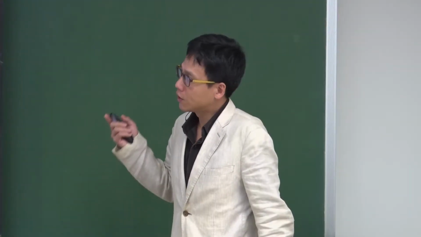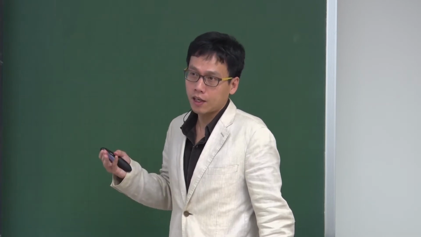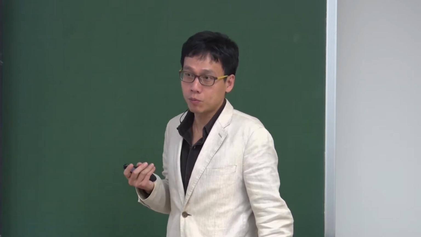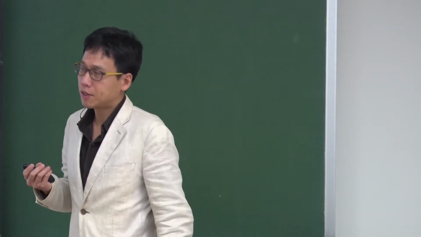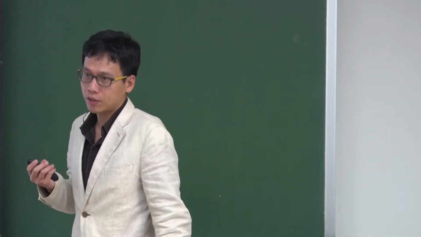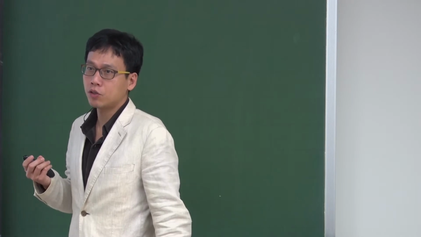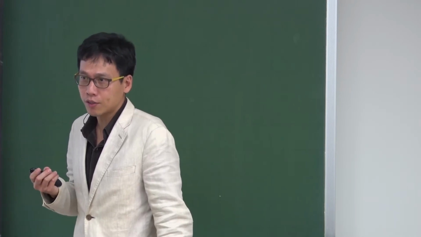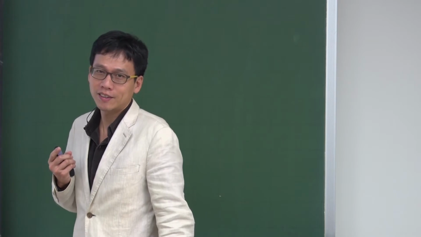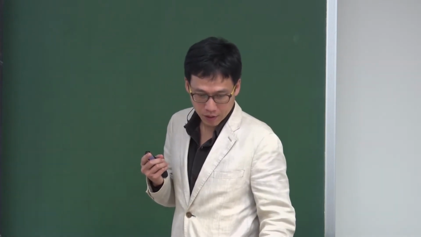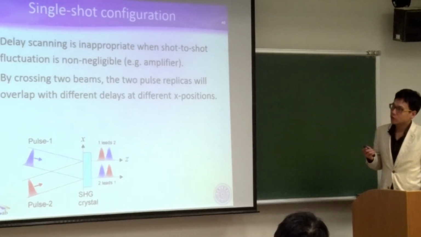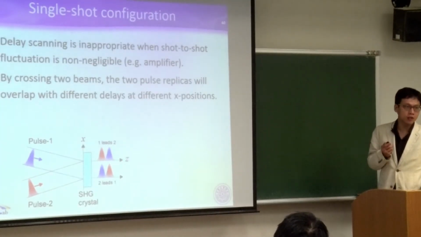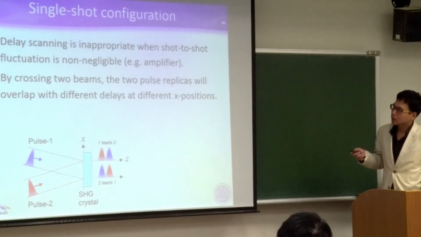In this case, if you need to scan the delay, like what we have seen before, the measurement could be inaccurate. So people think about, is there any way we can measure the autocorrelation trace with just one shot? Okay. And it turns out that this is possible. Just use the non-collinear configuration as I showed you in the previous slide.